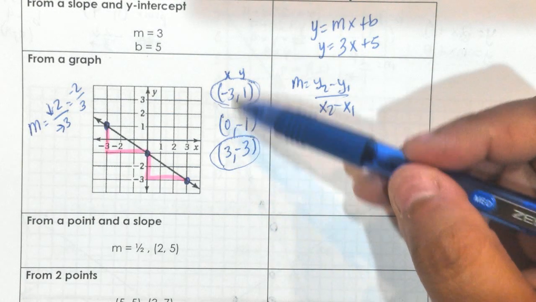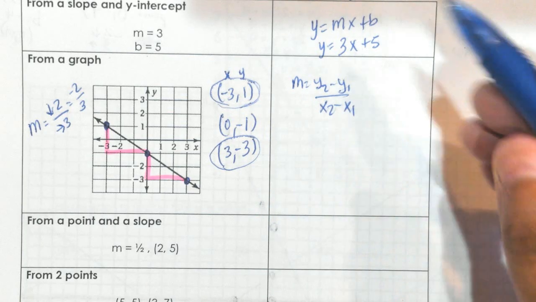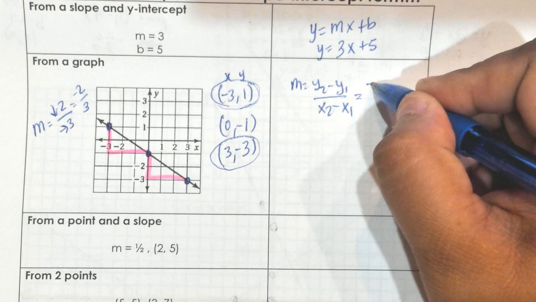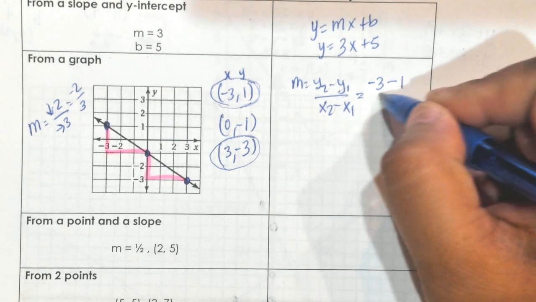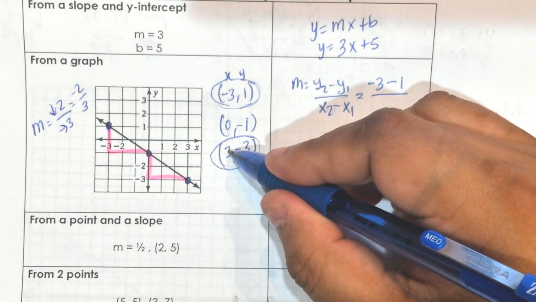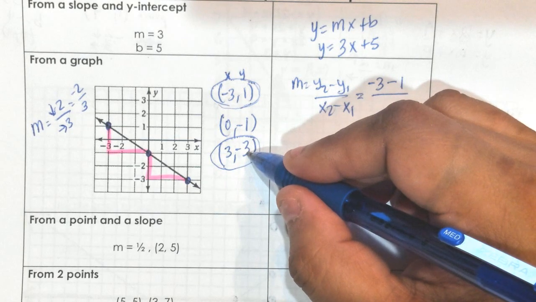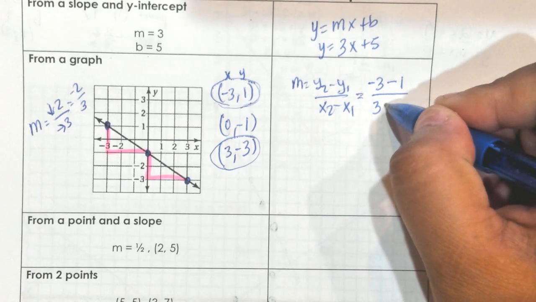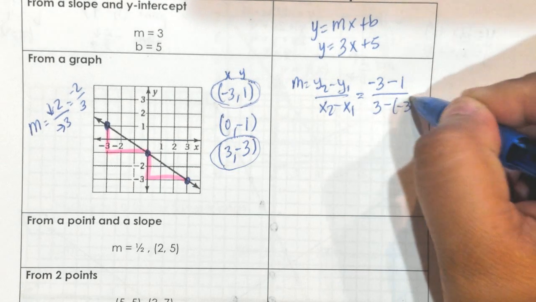So we have, my y's are here, so I'm going to put -3 minus 1 over, and then I have to start with this x because I started with this y. So 3 minus, and then the other x, -3.